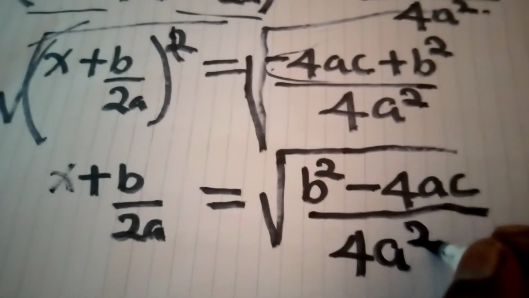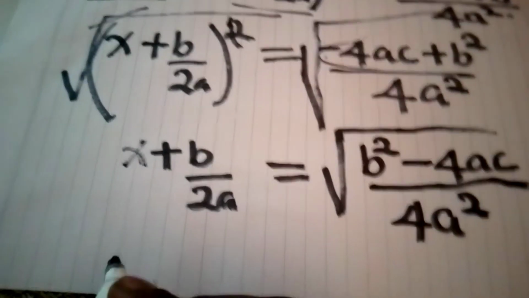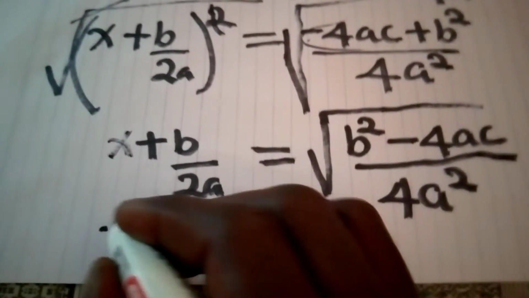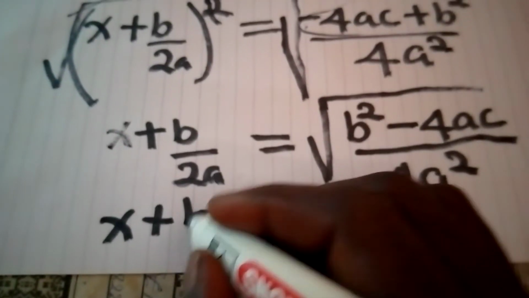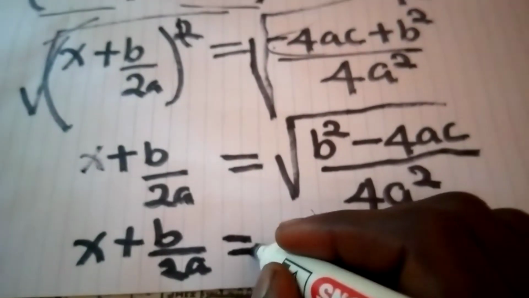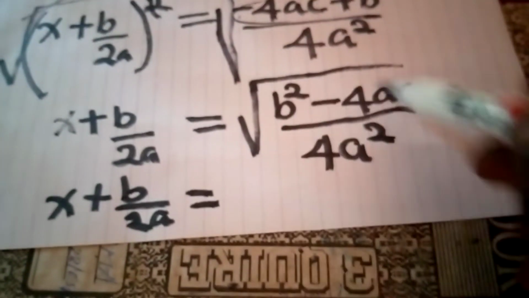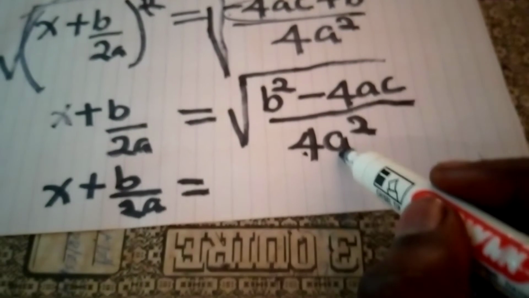4a squared. Then now we have to collect the like terms. Oh, we first of all simplify this one here. So when we are to simplify, we shall have x plus b all over 2a is equal to, so when we look at this equation here, the downer one is having a root. So if the root is on this, the square root of 4 is 2, then the square root of a square is a.